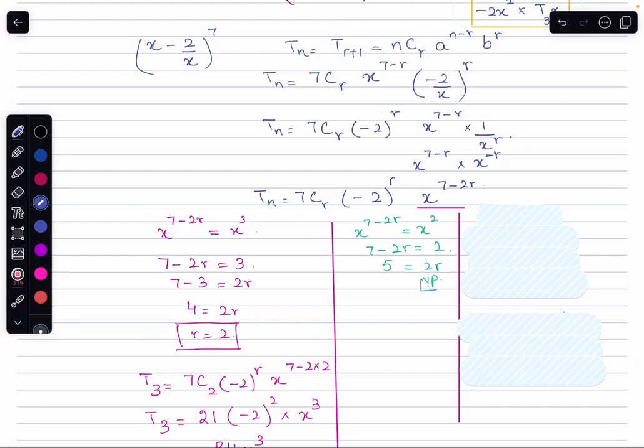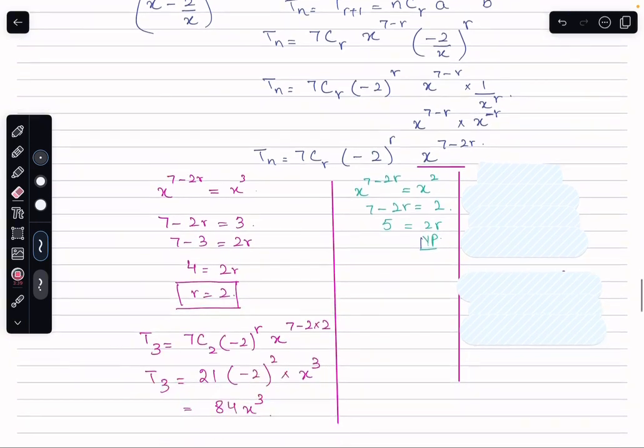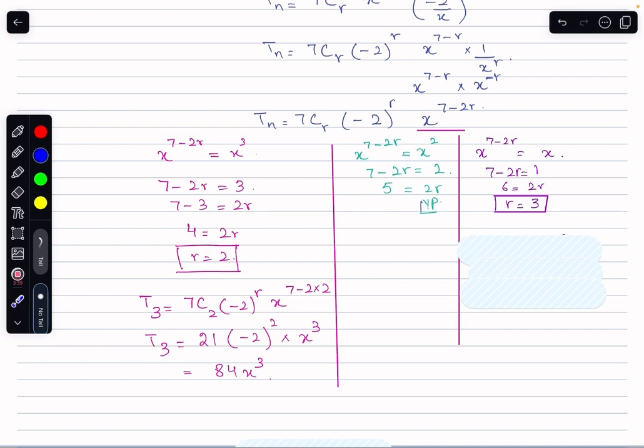Then the third term should have the coefficient of x here. Now to get this coefficient of x, I shall again say that it should be x to the power 7 minus 2r, which should be equal to x.